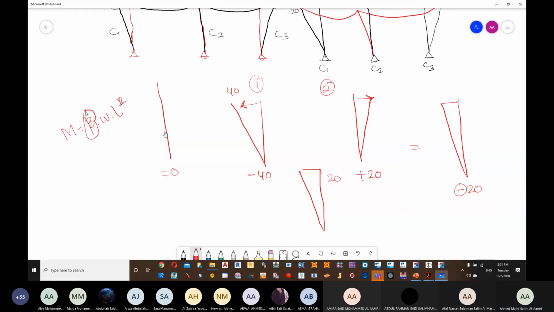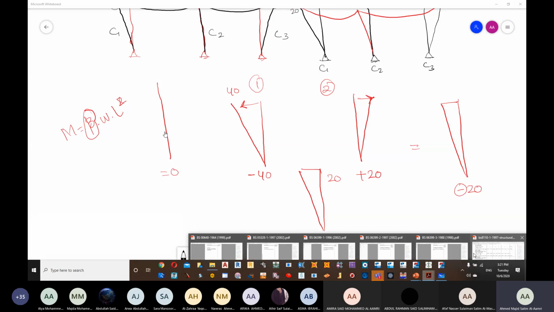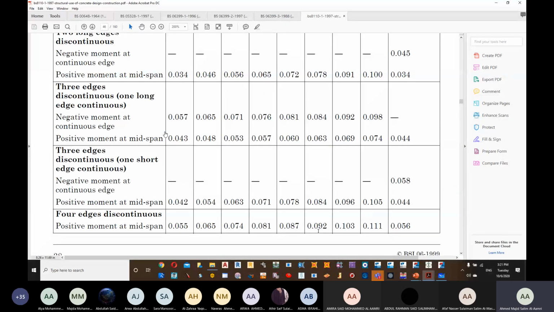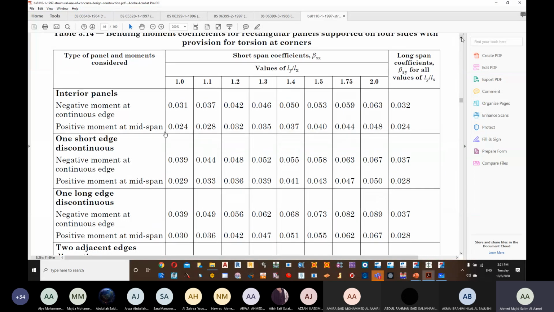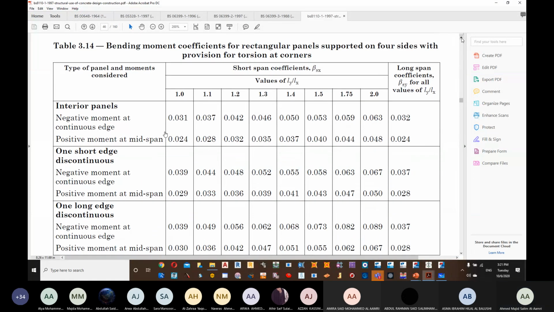Beta now is representing the values here. Whatever you see, all of these are betas. So if you picked the wrong case, it means that it is the wrong coefficient. It means it's a wrong bending moment, a wrong steel, a wrong deflection. It means that the whole question is wrong.